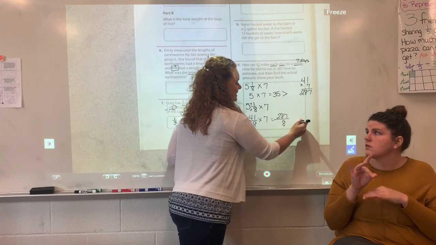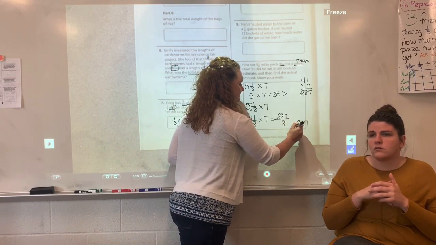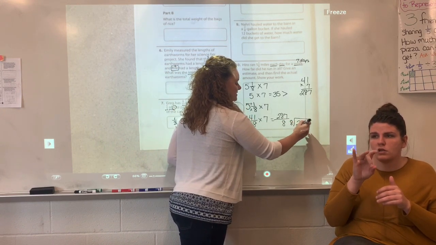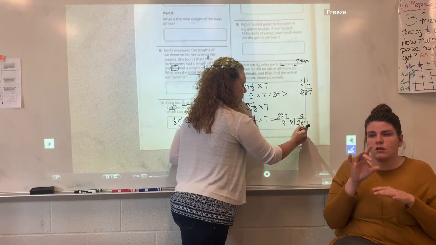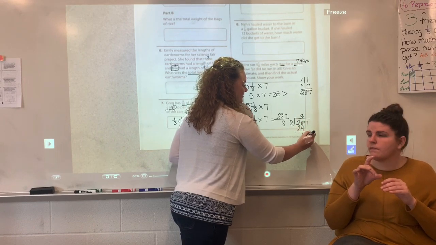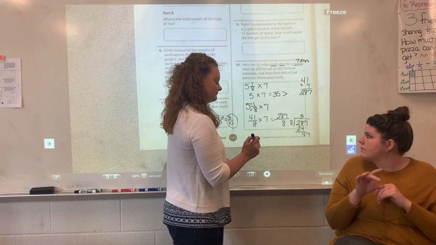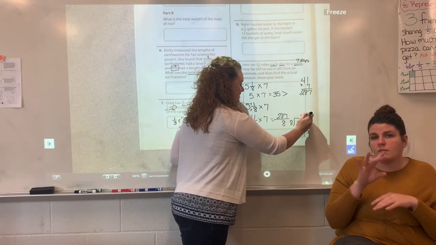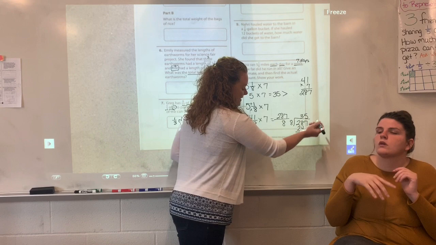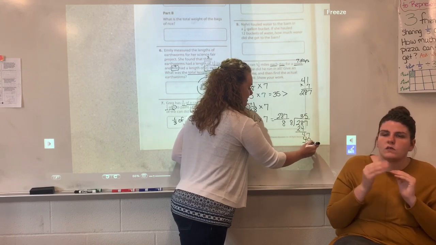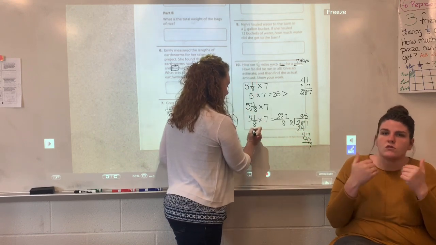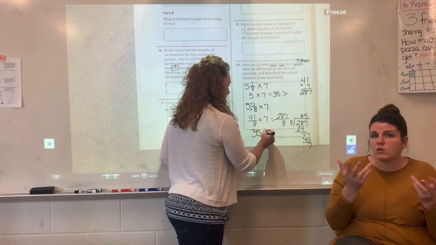So we house divide. 287 divided by 8. 8 goes into 28 3 times, which is 24. Subtract 4, bring down the 7, 47. Well, almost 6, but not quite, so we'll have to go down to our 5. 8 times 5 is 40. Subtract, we have 7. So our answer is 35 7/8.